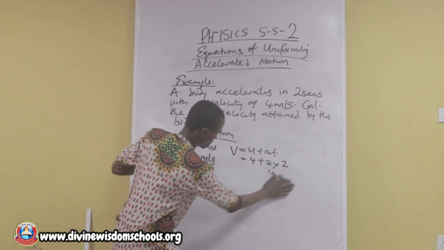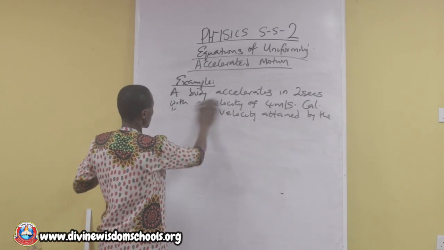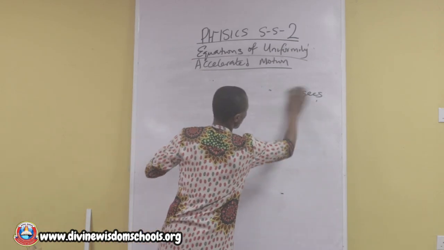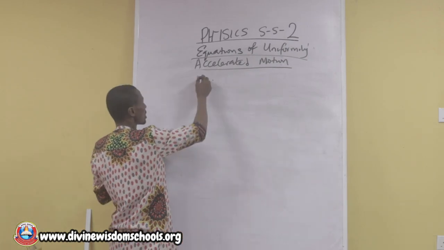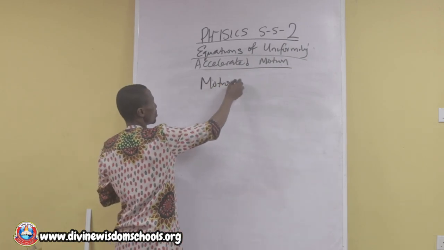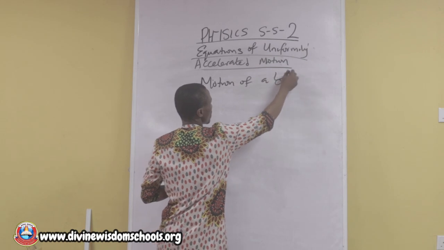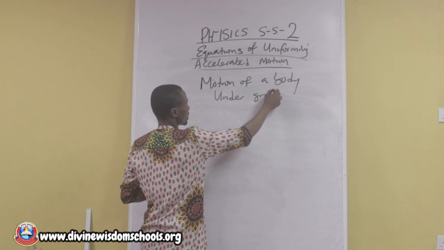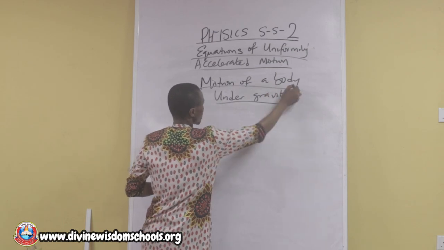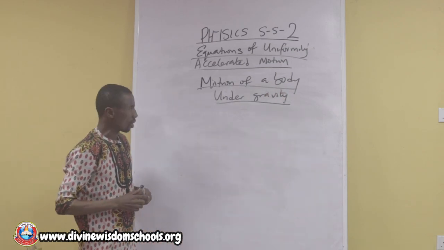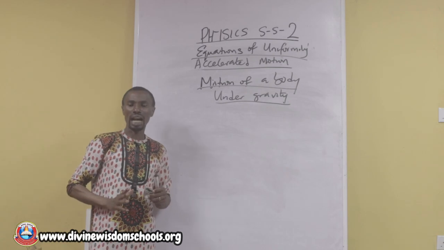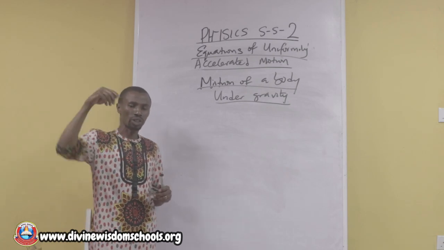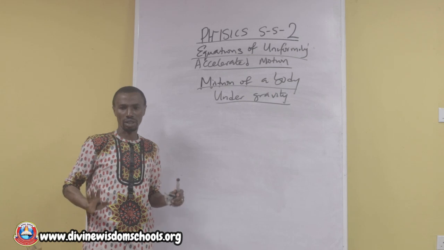The next we're considering is the motion of a body under gravity. Now, a body under gravity simply means either the body is going upward or is coming downward. That's just the difference.